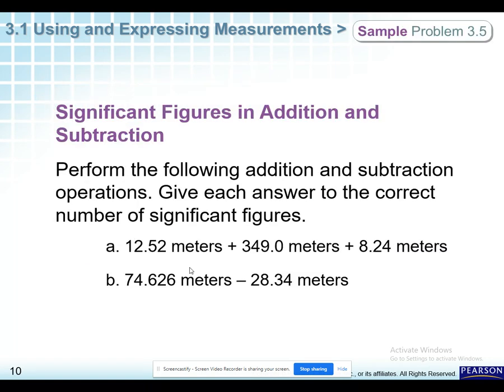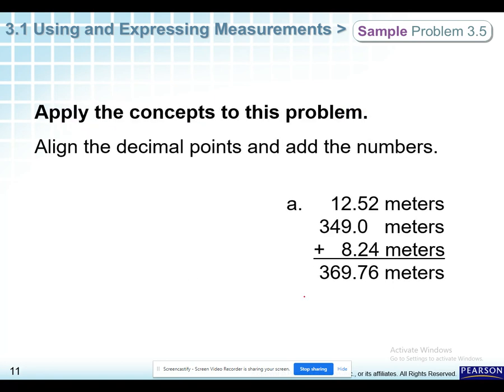So here are two good examples that the book uses. We're going to go through each of these. On letter A, what they did was they took these numbers and lined them up. What I like to do is here there are 2 after the decimal, here there's 1 after the decimal, and here there are 2 after the decimal.